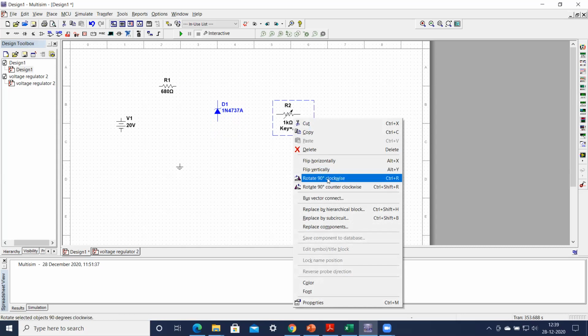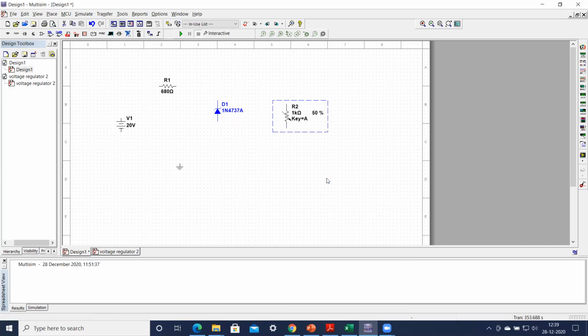Just rotate it 90 degrees clockwise, Ctrl R, you can do it. So now it is rotated. Now we have to make the connections, right? Just connect this to this resistor, then this resistor should be connected to the cathode terminal of the Zener diode.